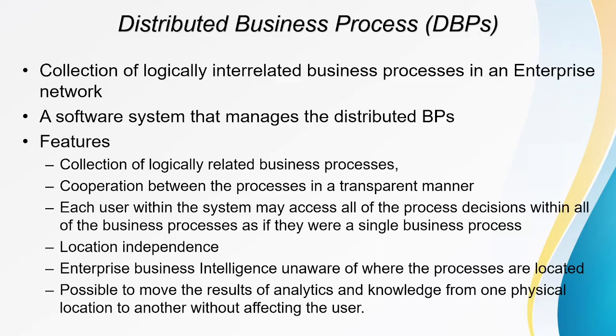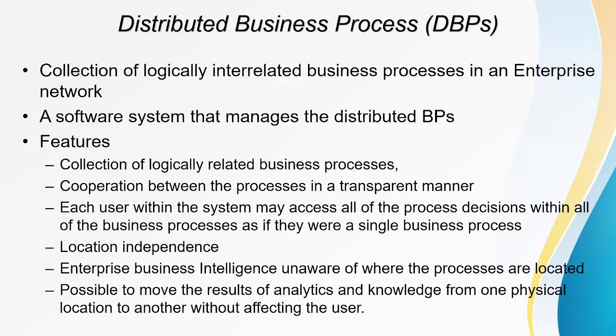You should have the collection of logically related business processes, and cooperation between the processes in a transparent manner. Each user within the system may access all the process decisions as if it were a single business process. Location independence is given.